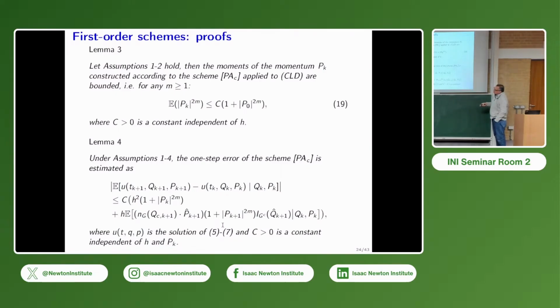But the collision we are doing is very rough. It's of order 1. And then we have this term here, and you see that this relates to collision because we have an indicator function here for when we went outside. So let me step back and mention that the way we are constructing the collision here is the same as it was done in molecular dynamics when they consider Hamiltonian systems in bounded domains.